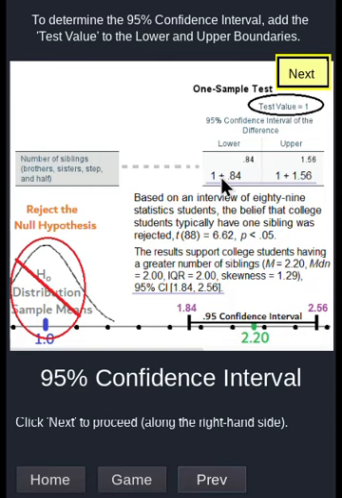So in our case, we're adding 1 plus 0.84 for the lower boundary to get 1.84. And we're going ahead and adding 1 plus 1.56 to get 2.56 for our upper boundary for our 95% confidence interval. So if we were to do this over and over again with different samples, 95% of the time, the population mean would be found in this confidence interval.